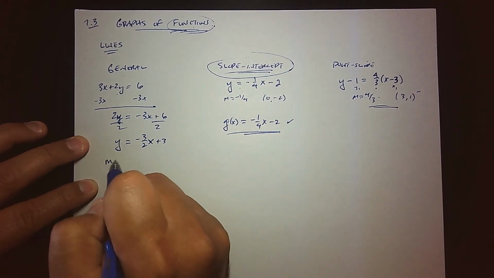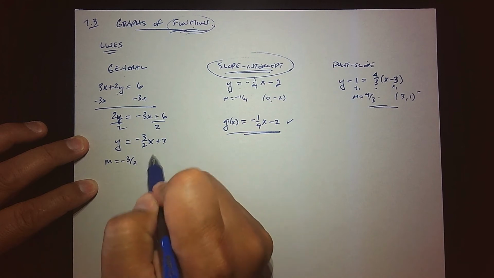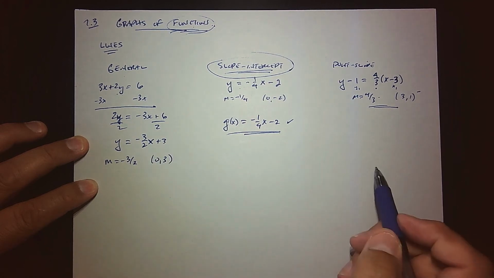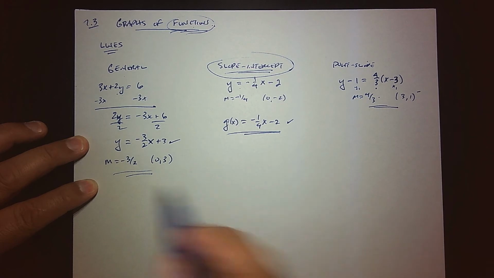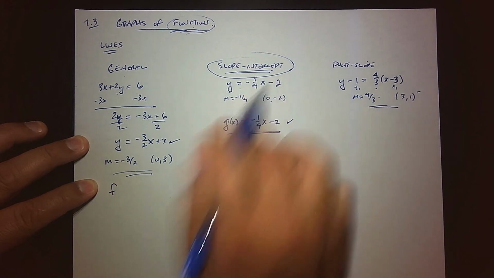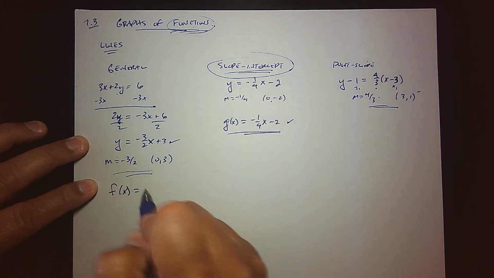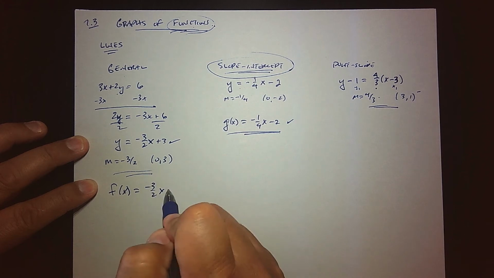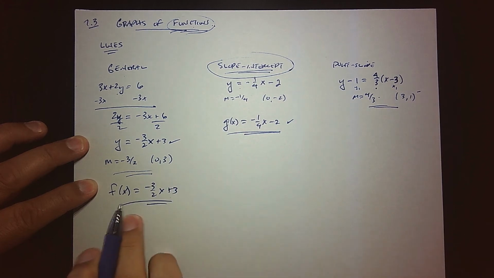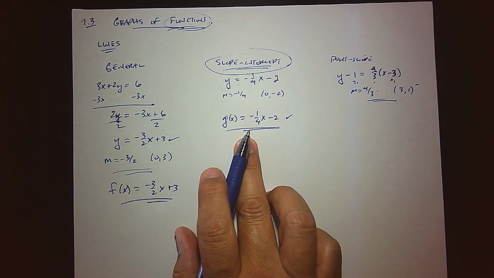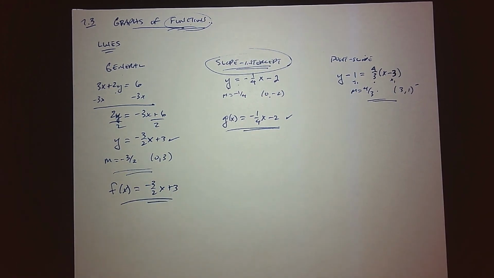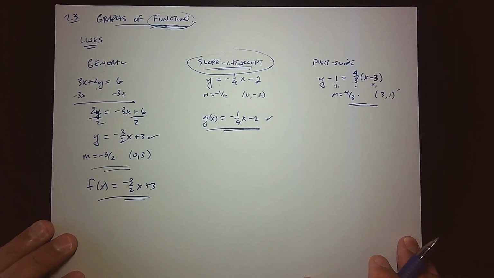And so this is now telling us we have a slope of negative 3 halves and a y-intercept of (0, 3), and it's just as easy. Since it's now in slope-intercept form, to distinguish it from this line, maybe we call this function f of x. So this line is the f function, f of x, and this line is the g of x function. So again, we're just reviewing lines in a function form.